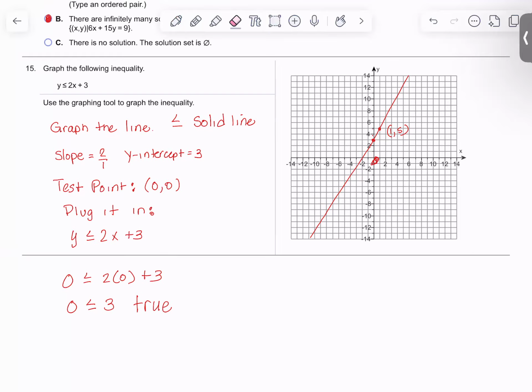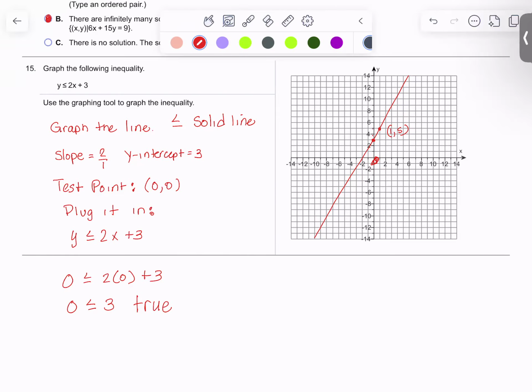So you take your bucket tool and you shade below the line, because below the line includes the test point 0. So you take your bucket tool, not your eraser, which my note app just erased. I'm going to take my shading tool and we're going to shade below that line.